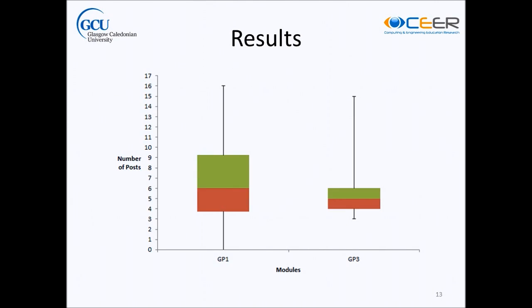Some of the results that we've had so far, you can see there that it varies hugely. You can see how in this slide in particular that the final year group, the kind of core of the marks, is sitting much lower than the second year group.